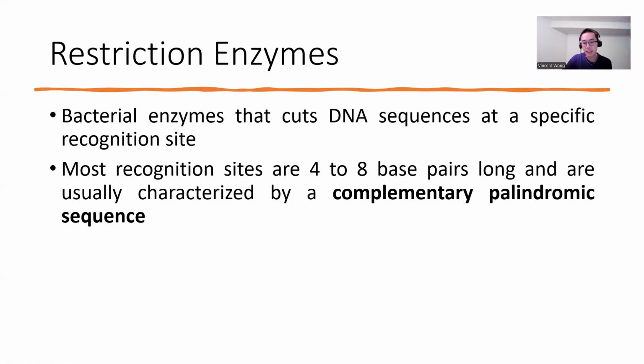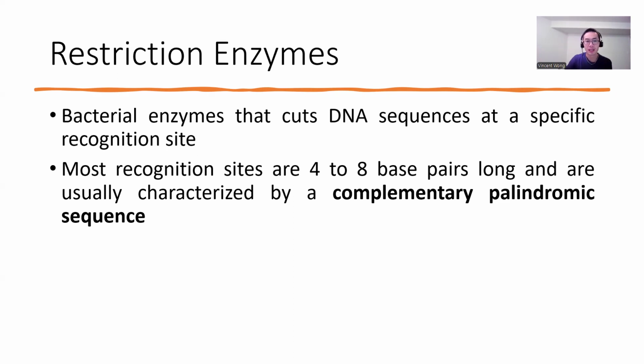What we can do is use the properties of some of these restriction enzymes to help us insert our gene of interest into a plasmid. And then once the gene goes into the plasmid, we can feed the plasmid to the bacteria.